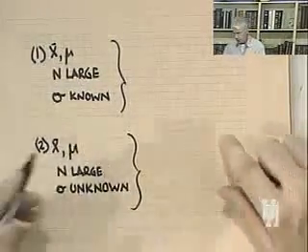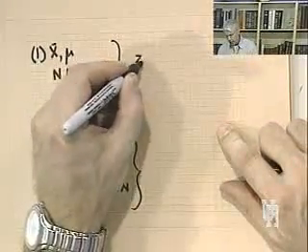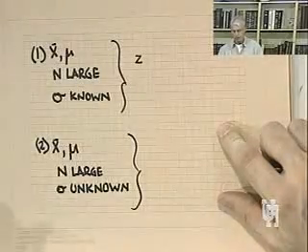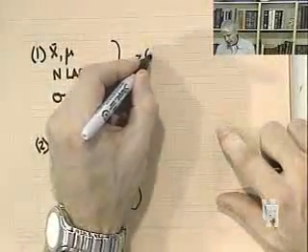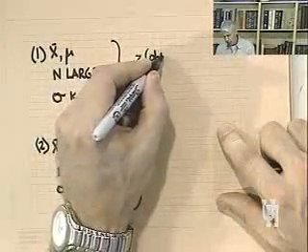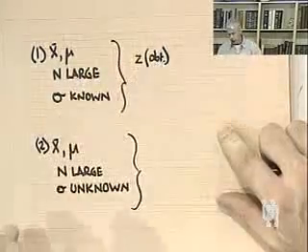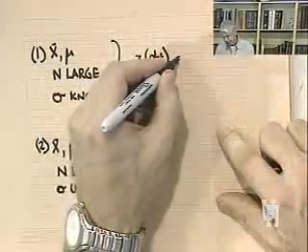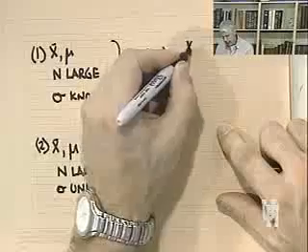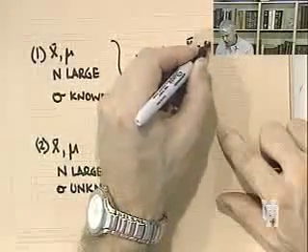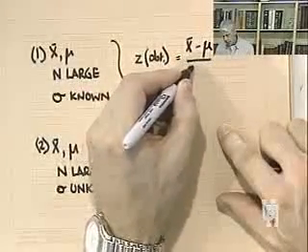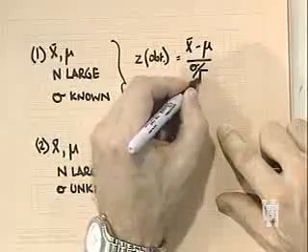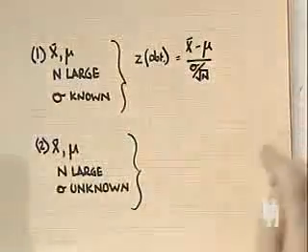In that situation, you rely on a Z statistic. You conduct a Z-test. And the formula for Z observed or Z obtained is X bar minus mu divided by sigma over the square root of n.